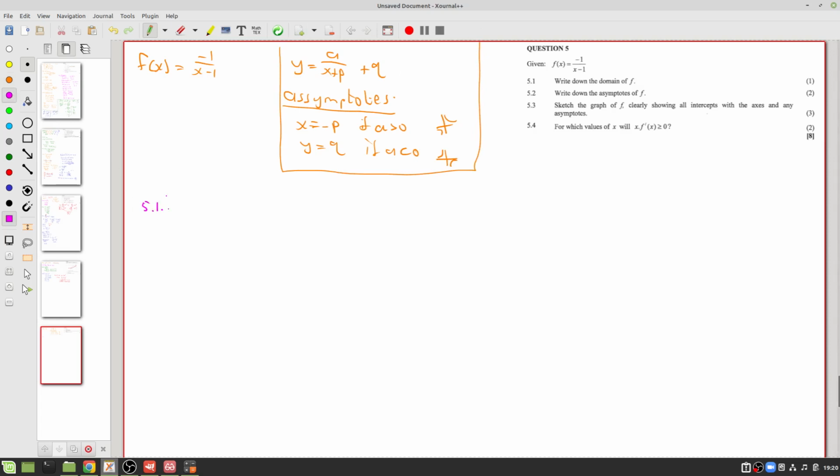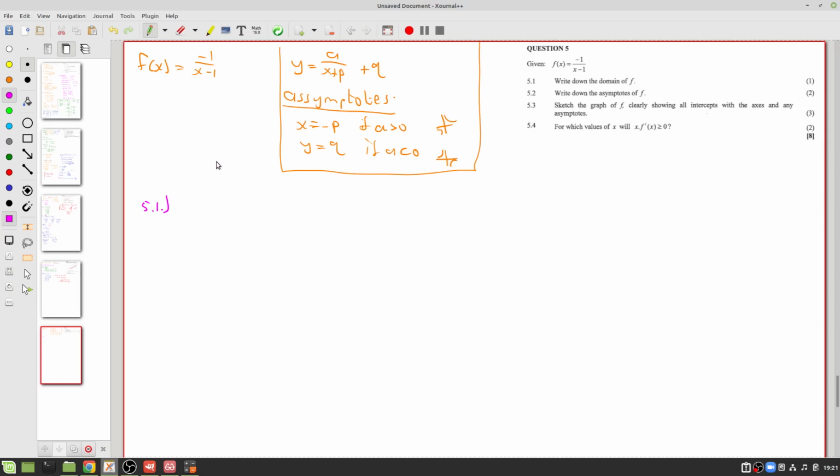5.1. Write down the domain of f. What does domain mean? Well, domain is all the values that you can put into the equation and still get an answer. So in our case, it's all the x values for which this graph exists. It's easier to check which ones won't work. Ones that won't work are values where we divide by 0, or values where we have the square root or any even root of a negative number.